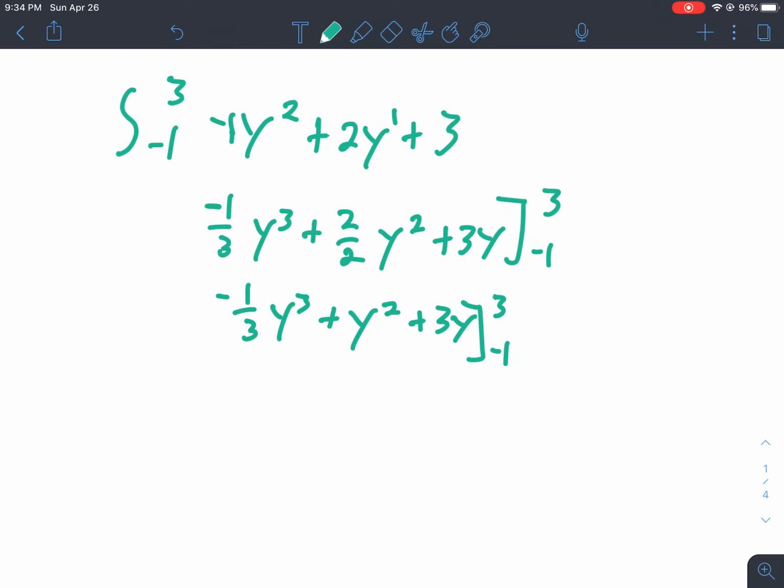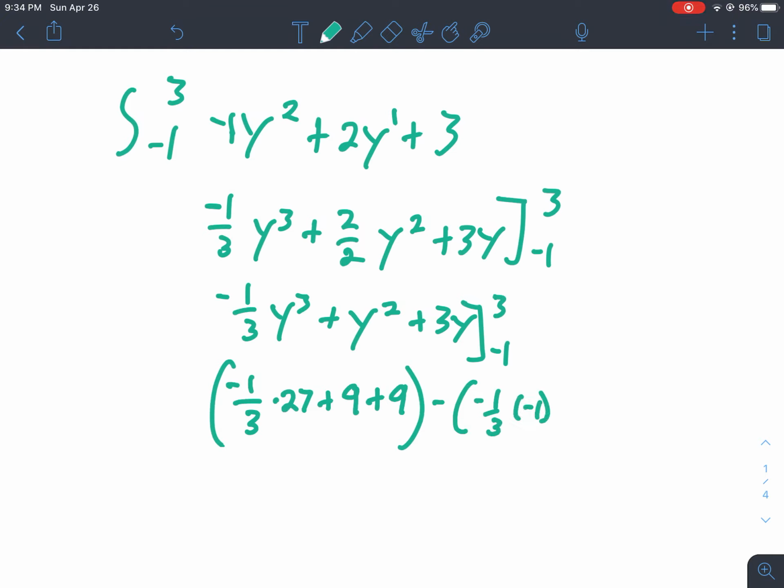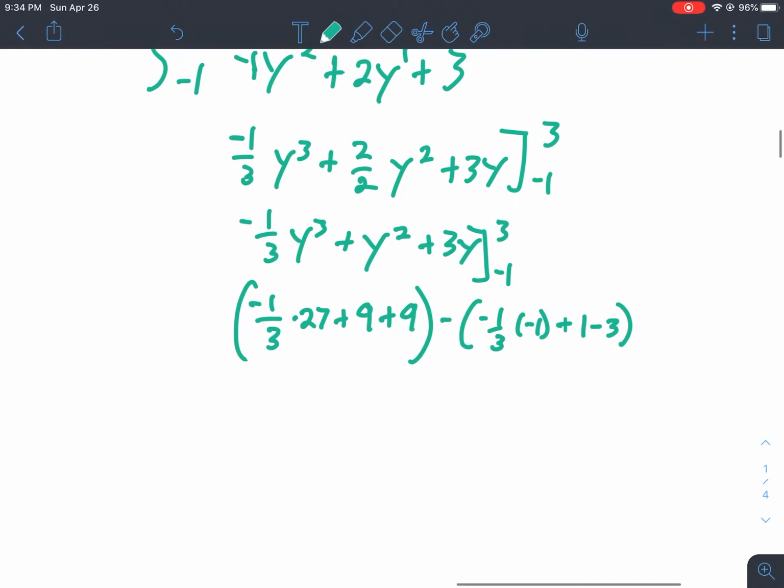Okay, so plug 3 in. 3 to the third is 27. 3 squared is 9. Plus 3 times 3 is 9. Now plug -1 in, so it's -1/3. -1 to the third is -1. -1 squared is 1. And 3 times -1 is -3. So 27 times negative 1 is negative 27. Divided by 3 is negative 9.